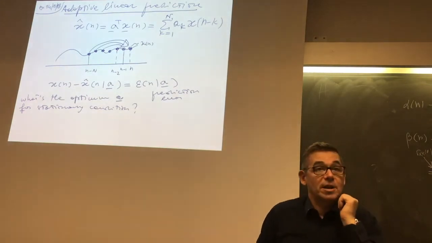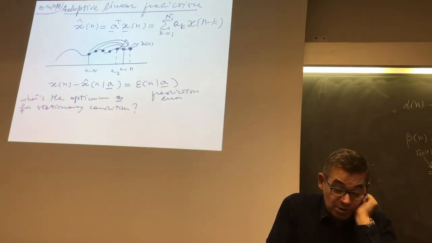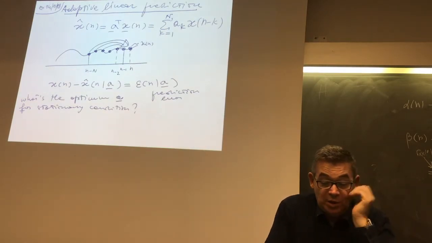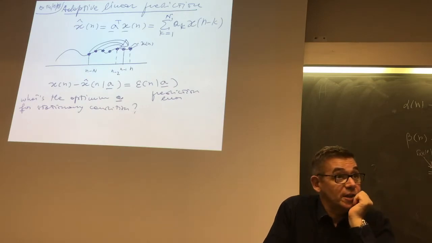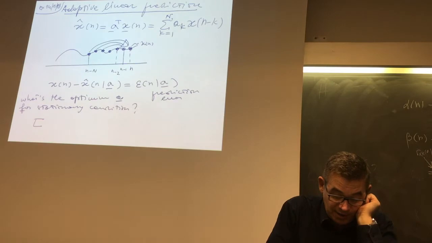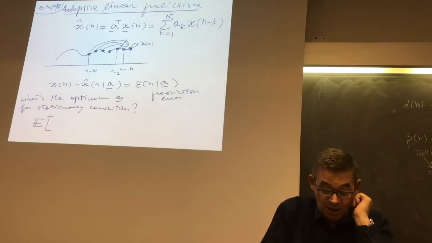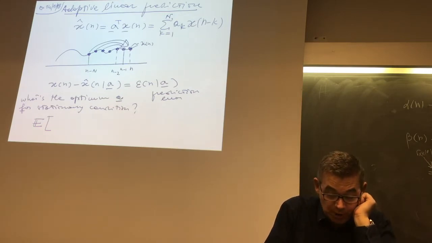Now, let's make it together. In order to solve it, we use the orthogonality principle. The orthogonality principle says that the error should be orthogonal. Now, what is the error?